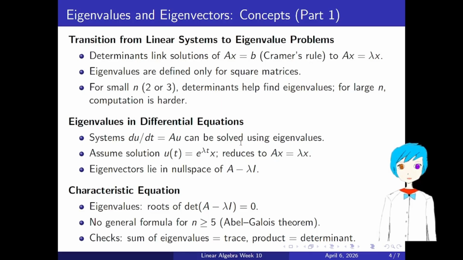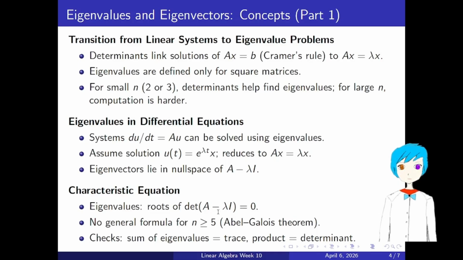So how are eigenvalues useful? For example, for ODEs, if we assume the solution takes the form e to the lambda t times x, then we only need to solve Ax equals lambda x. So the eigenvectors for this matrix A lie in the null space of A minus lambda I. This is called the characteristic equation.